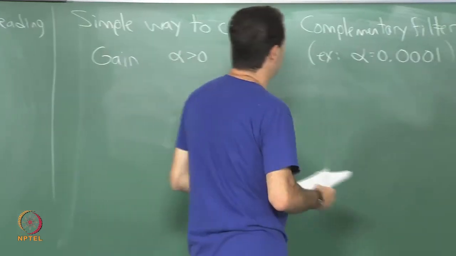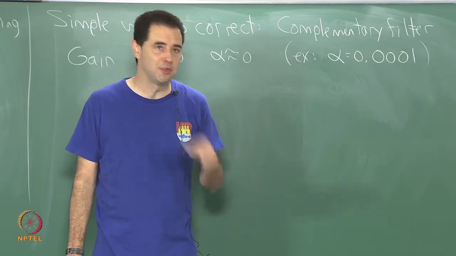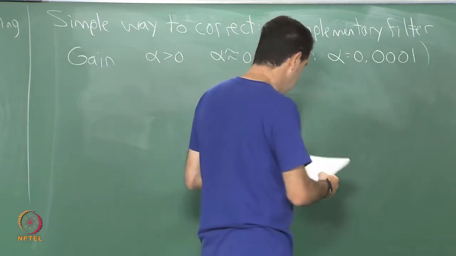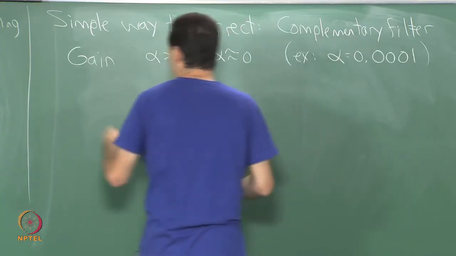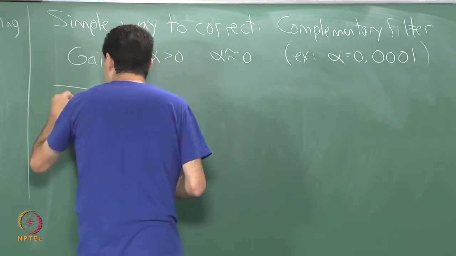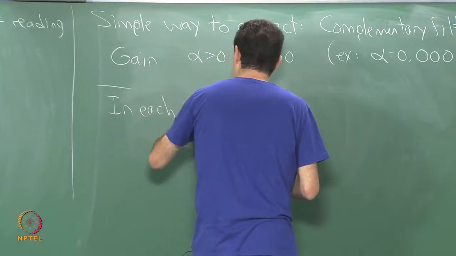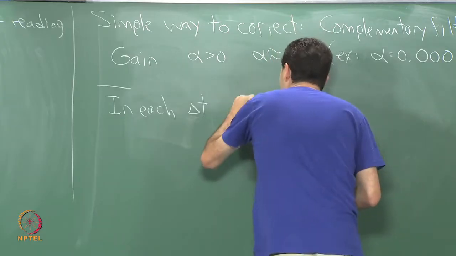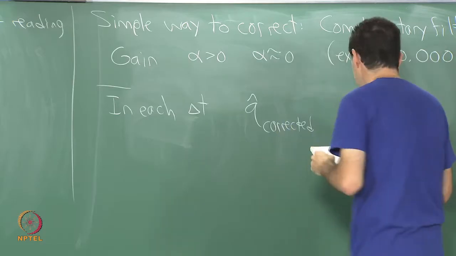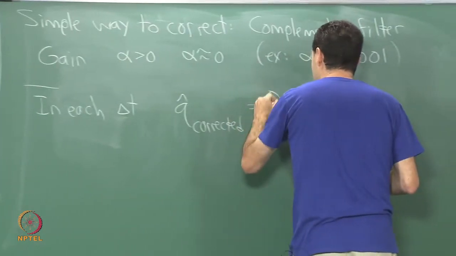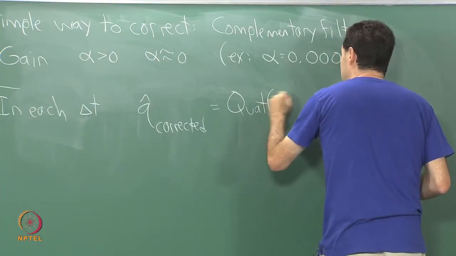The particular value of alpha is going to depend on the sampling rate, which is delta t of 1 millisecond for our continuing example. Now, in order to correct for drift, in each time step delta t we have a corrected orientation, which will be some quaternion we generate, about v tilt.